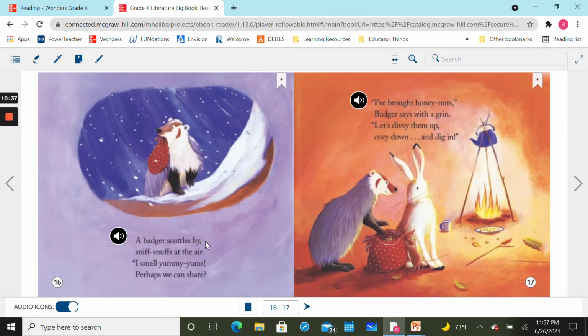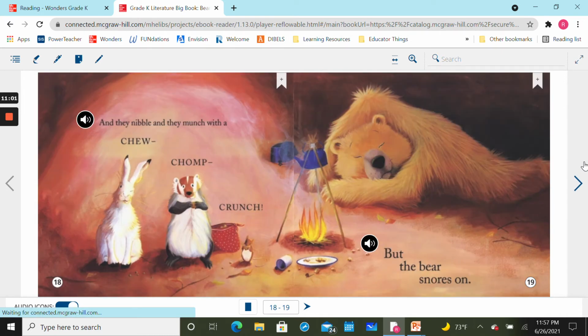A badger scuttles by, sniff snuffs at the air. "I smell yummy yums. Perhaps we could share." "I've brought honey nuts," Badger says with a grin. "Let's divvy 'em up, cozy down, and dig in." And they nibble and they munch with a chew, chomp, crunch.